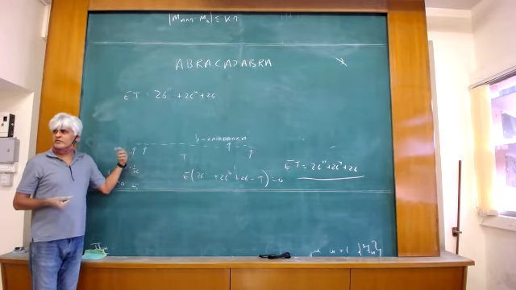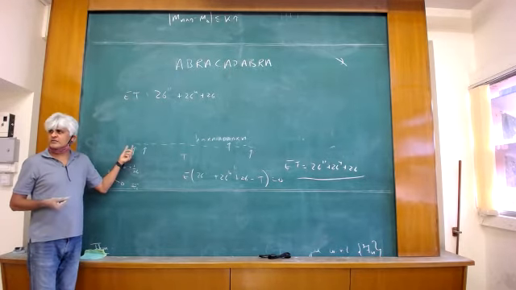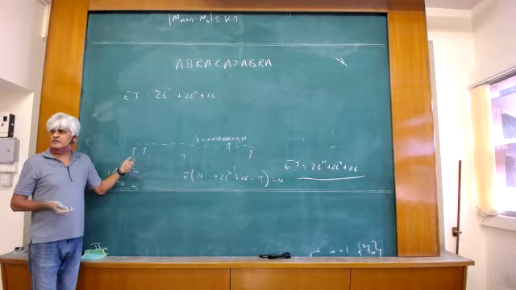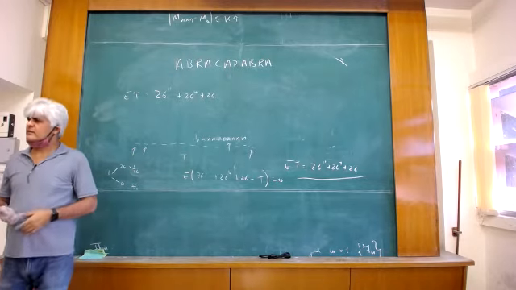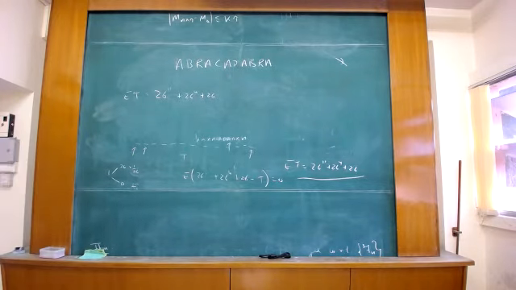So he'll win 25 rupees with probability 1 by 26, and lose 1 rupee otherwise. And once you see an A, whatever you have, the 26 rupees, you put on B. And if B also comes, then you put 26 square on R, and so on and so forth.